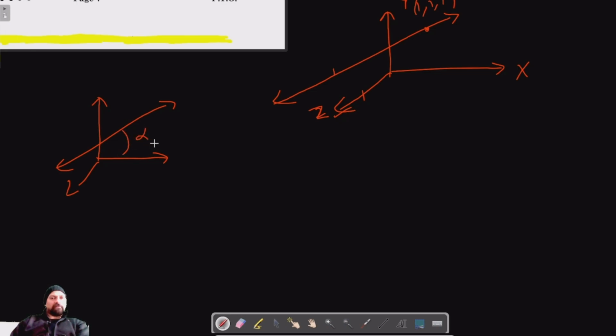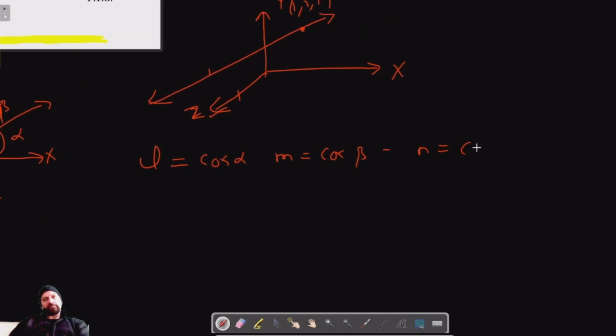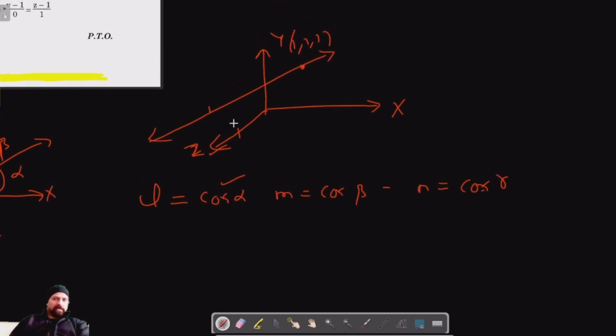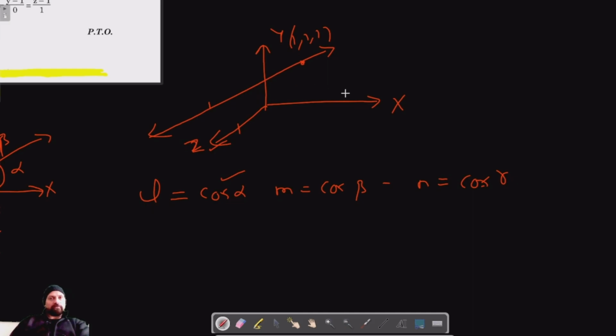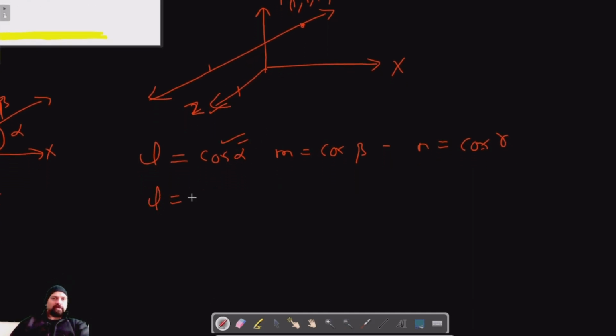We know that a line makes an angle alpha with the x-axis, beta with the y-axis, and gamma with the z-axis. So the direction cosines are L equal to cos alpha, M equal to cos beta, and N equal to cos gamma. This line is perpendicular to the x-axis, so alpha is 90, so L is cos 90.